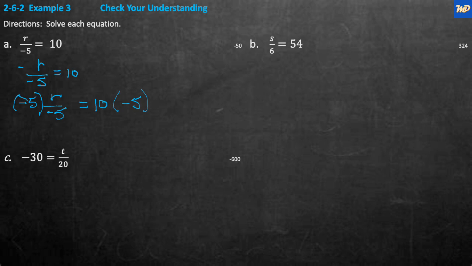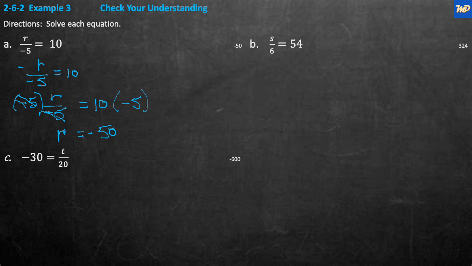The negative 5s over here cancel, and you're left with a singular 1r, positive r, equal to 10 times negative 5. 5 times 10 is 50. And since there's only one negative sign, the answer happens to be negative 50.